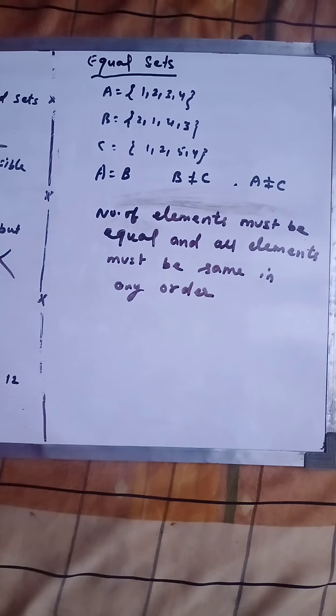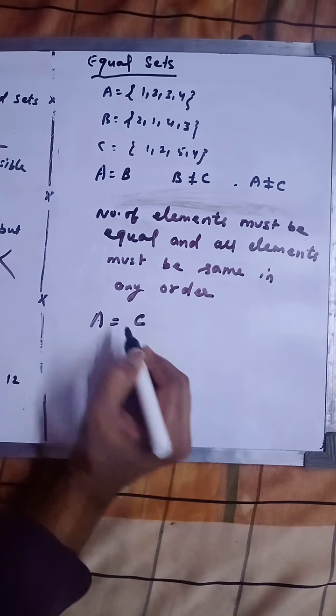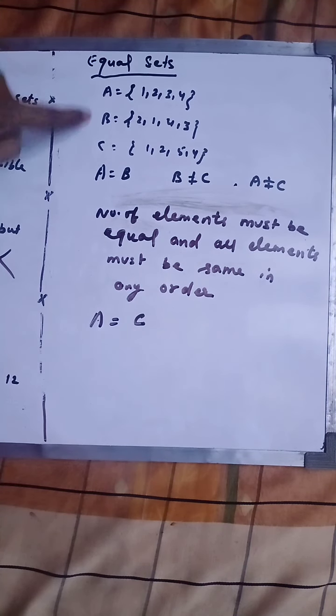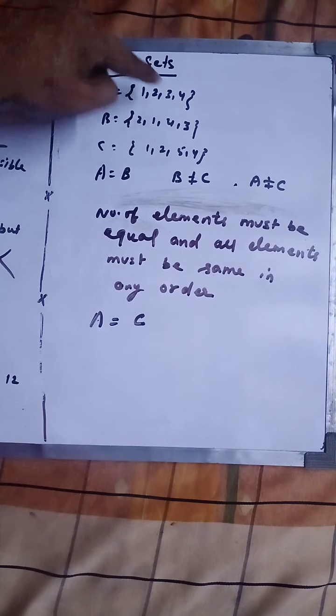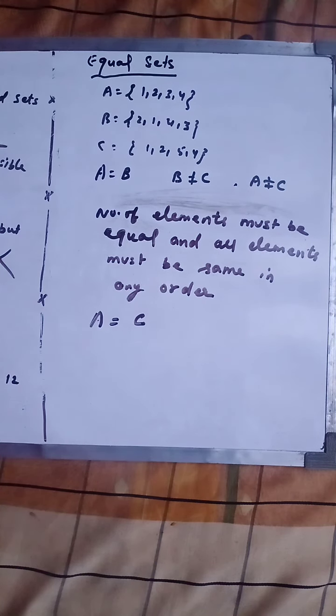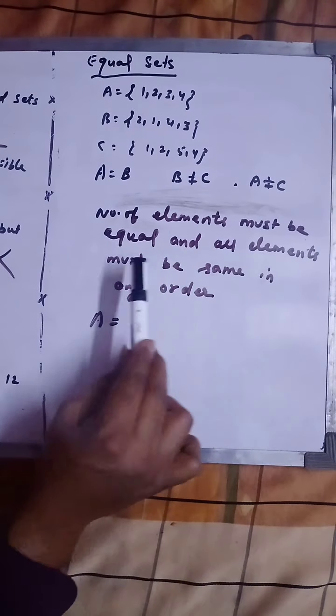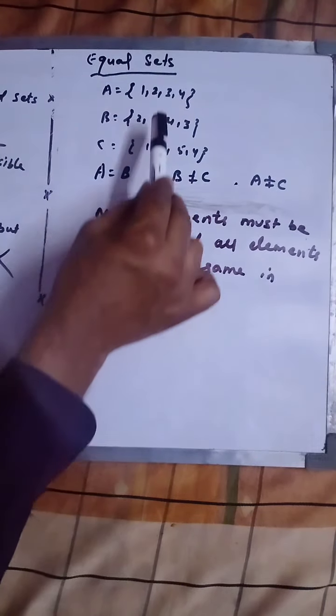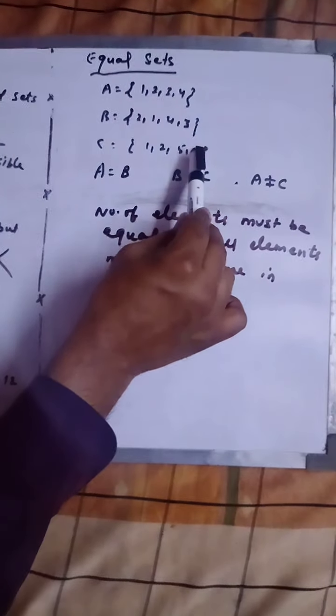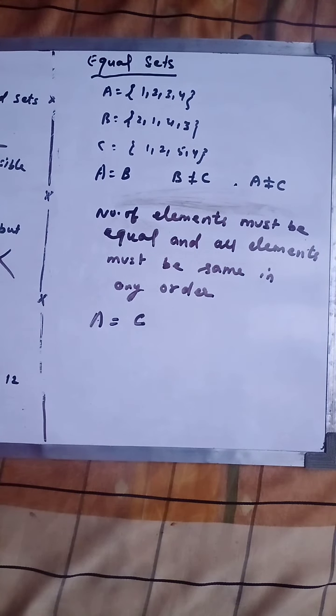If you take the example of A and C here, both have 4 elements, so the number of elements is the same. The first condition is satisfied, but all the elements must be the same. Here 1 is coming, 2 is coming, but 3 is not coming in C. So we have to check the elements. The elements must be the same, but the order can be anything. Number of elements and elements must be the same.